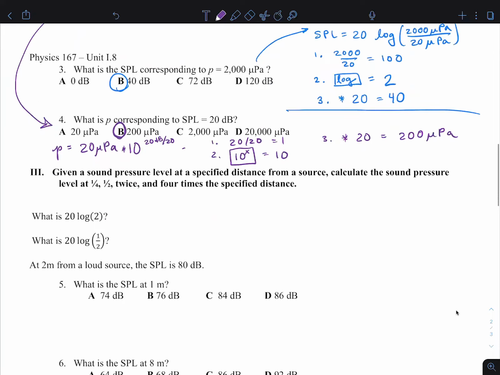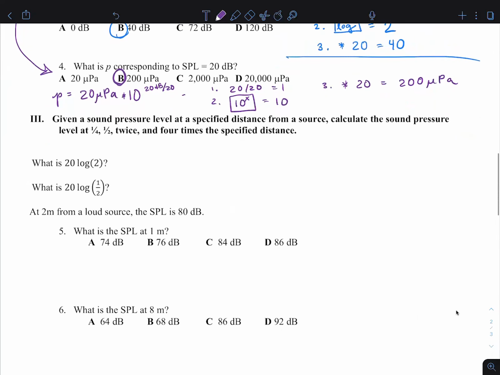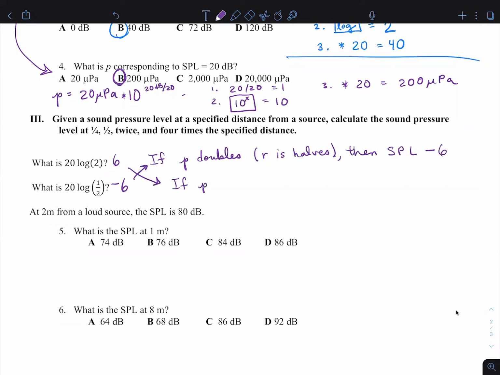And then in this last one, sound pressure level at a specified distance from a source, calculate the sound pressure level. The important thing is that if the pressure doubles, which would happen when the radius is halved, remember?